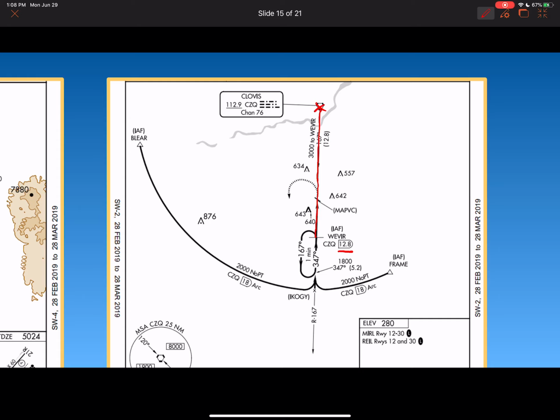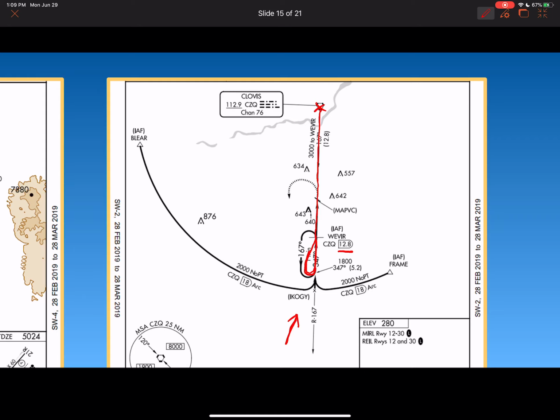We would know if I came from the south, I would just use a direct, because if I was established on the 347 course to Clovis, I would just do a direct entry. But because I'm coming from the north, hopefully it's very clear that you would just do a parallel entry. So you would fly outbound for 1 minute, then turn to the right, do a parallel entry, intercept that fix again.